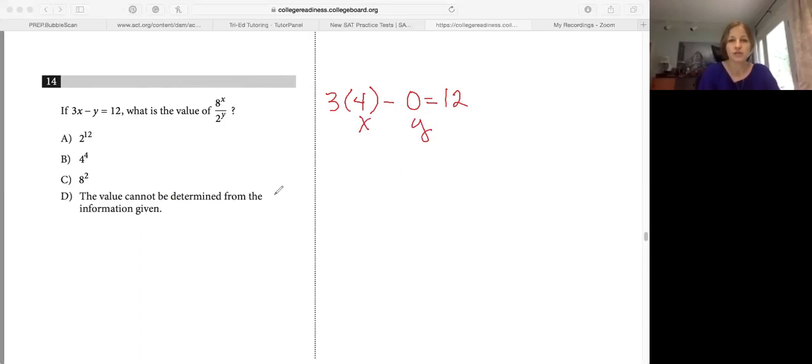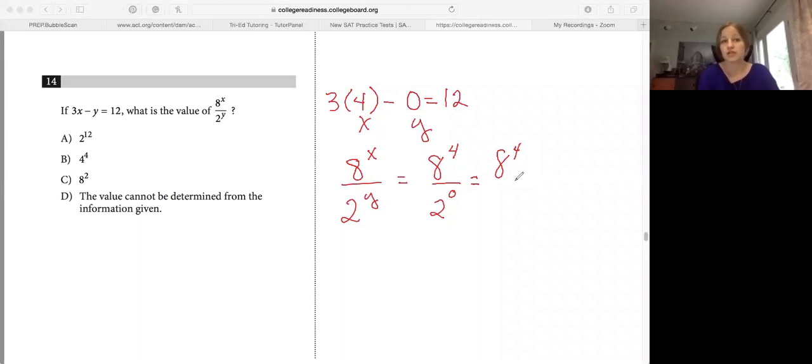Now, if I plug that into where my variables are in 8x over 2y, and instead of x and y, I plug in 4 for my x and 0 for my y, what do I end up with? Well, I'll leave 8 to the 4th for a moment. Anything to the 0 power, remember, is 1, right? So I have 8 to the 4th divided by 1, which is just 8 to the 4th.